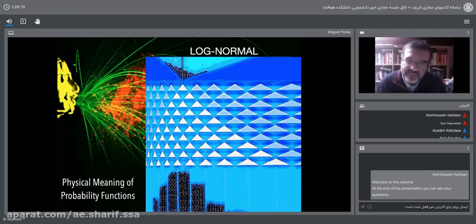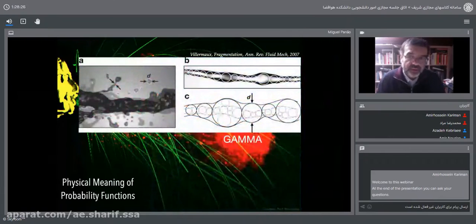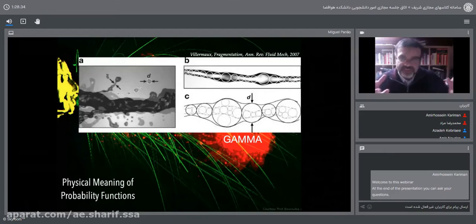What is the physical meaning of that for a spray? I don't know. The next example is the work of Emmanuel Villermaux on his paper on fragmentation, an excellent paper, because droplets we know come from ligaments. And he describes ligaments as an assembly of blobs with different diameters.